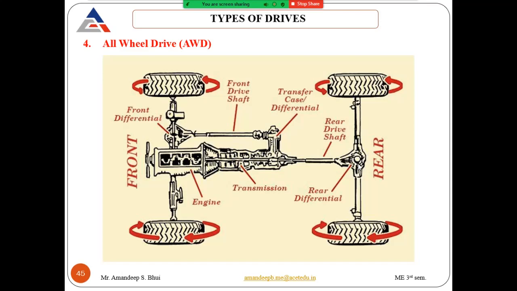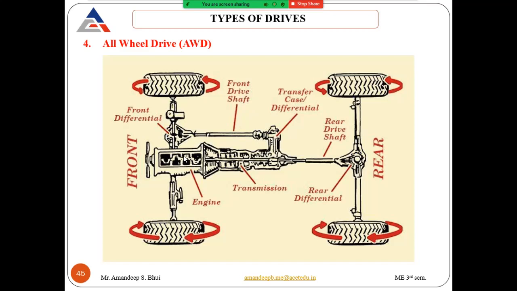This is your rear differential, rear drive shaft, and then from this gearbox, another differential is placed on the side of the gearbox. This is known as the transfer case differential. This transfers the power from the transmission or the gearbox with the help of a front drive shaft to a front differential, to the front axle also.